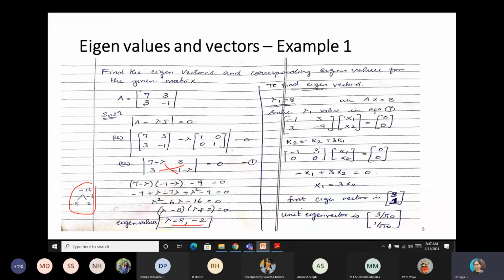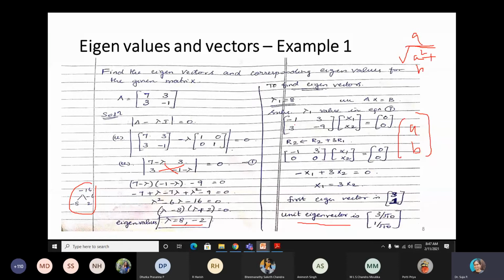Fine. And then we have to find the unit eigenvector. So how do you find a unit vector? Suppose I have A and B in my vector, then to find the unit vector, what we will do is divide A by the square root of A square plus B square.